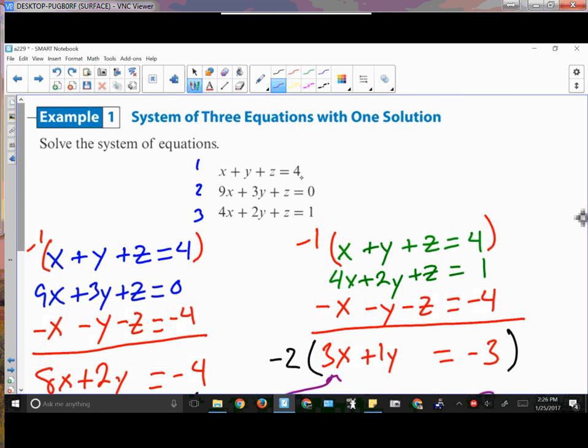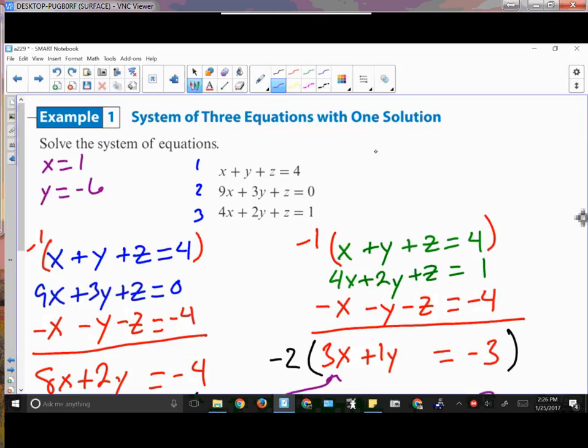Now, I can pick any of these 3 equations. Now again, we said that x was equal to 1, correct? Y was equal to -6, yes? So I can take these and plug it into any one of these 3 equations. Which would make the most sense to plug it into? 1, 2, or 3? 1. Easiest one to work with.